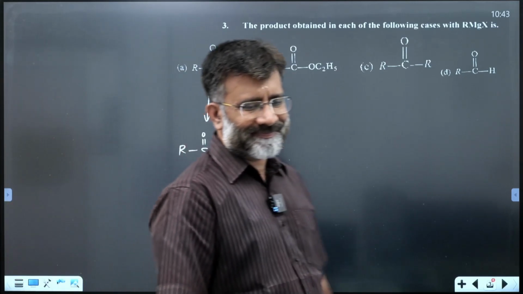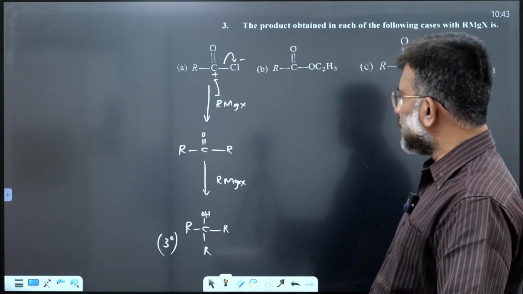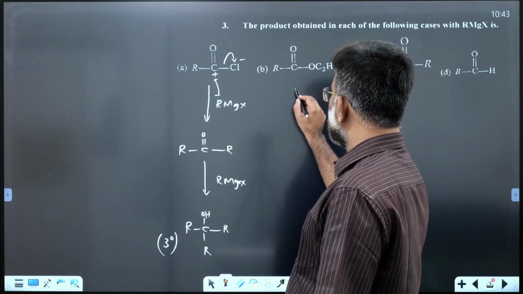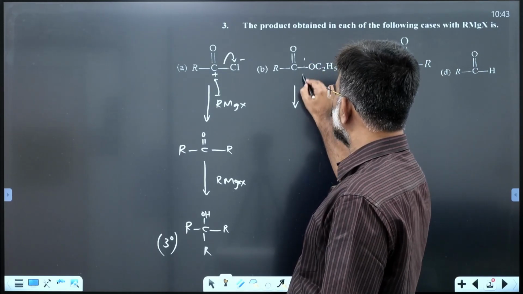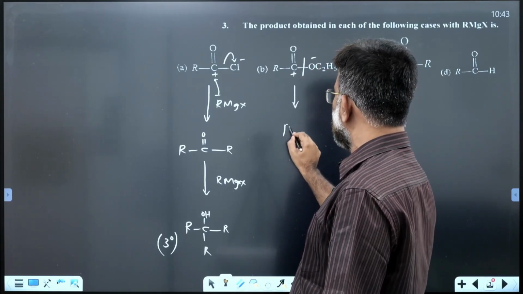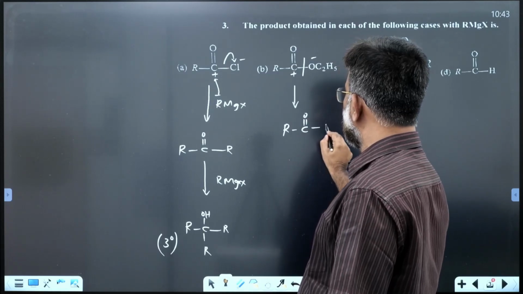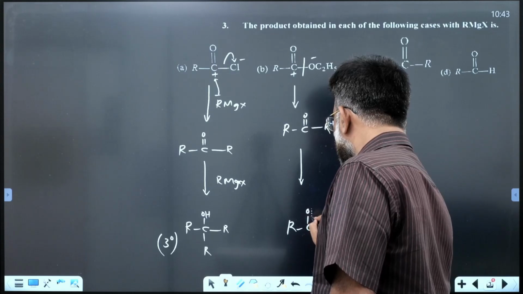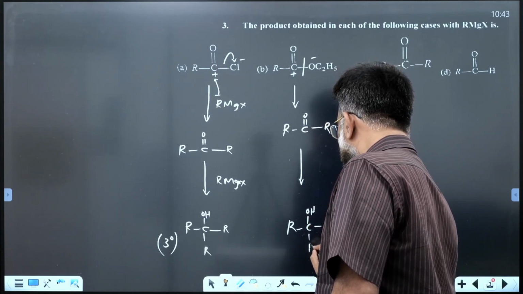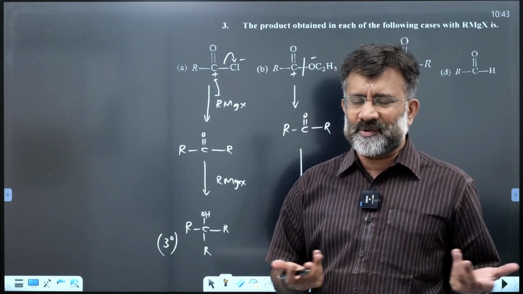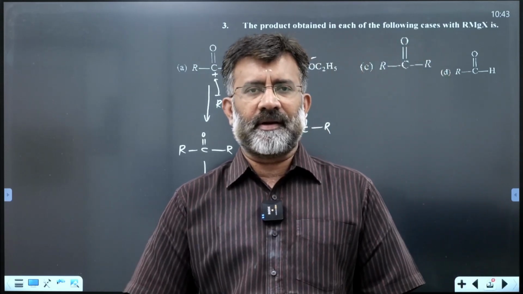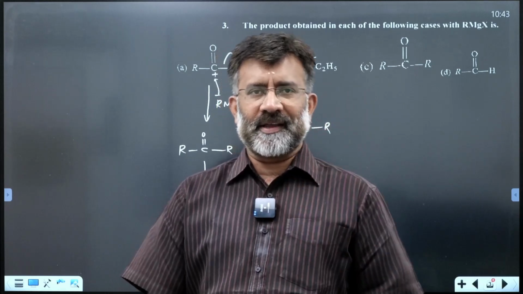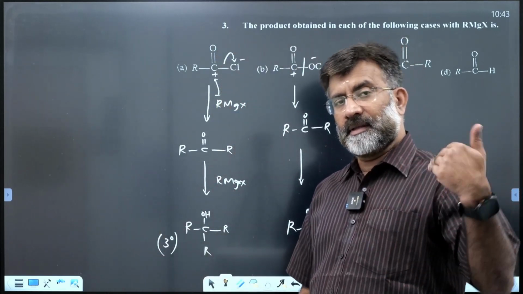Option 1, first one. You get tertiary alcohol. The same thing will happen here also. It's going to break minus and plus. You will get RCOR and you will get RCOH, RR. Nothing to comment. So with the acid chloride or esters, we get tertiary alcohol. First you get a ketone, then tertiary alcohol.